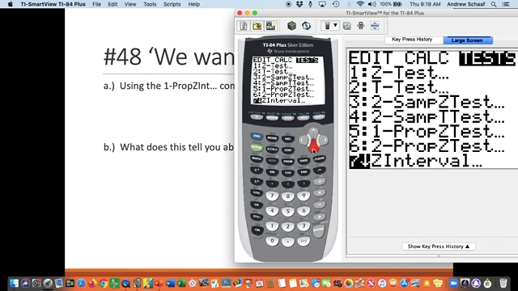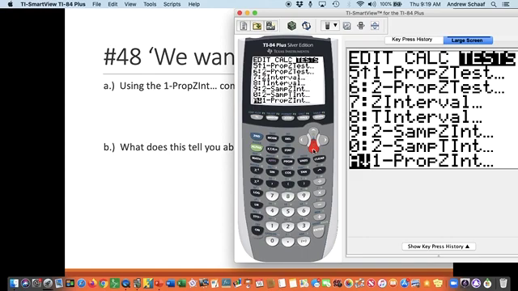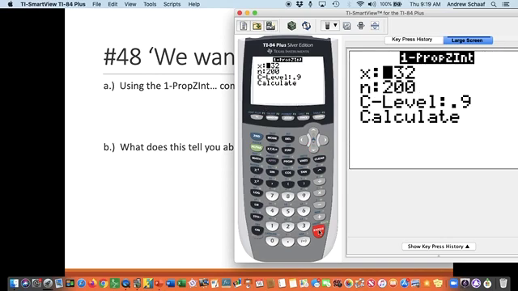You need to use the option that says one proportion z interval. We are working with a single proportion. There it is, one prop z int. And notice we just did the significance test, so the calculator transfers over our number of successes and our number of trials to the one proportion z interval command.